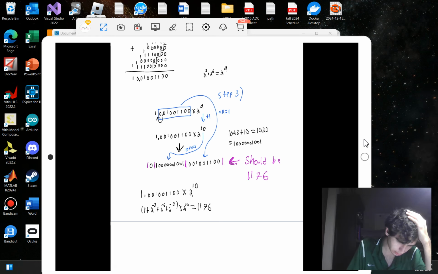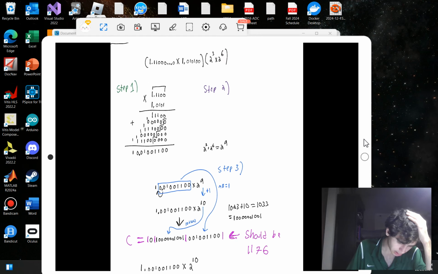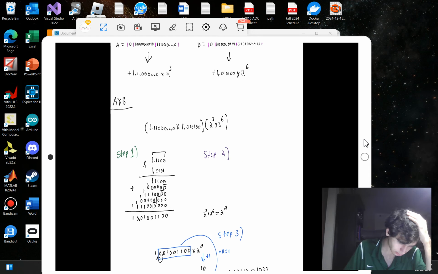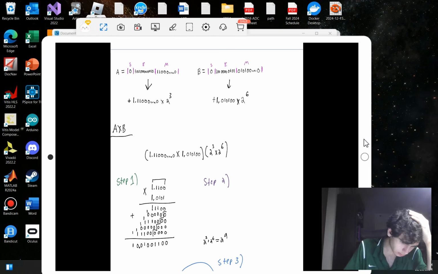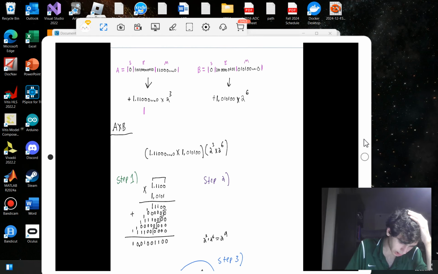So hold on. This would be like number C is equal to this. So that means A times B. Hold on. That pink. So remember, A was 14, B was 84.